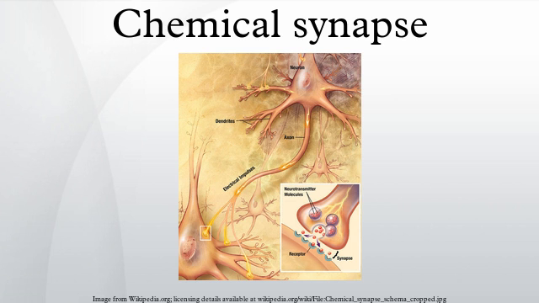ISBN 0-471-46580-1. Nicholls, J. G., Martin A. R., Wallace B. G., Fuchs P. A. From Neuron to Brain. Sunderland, Massachusetts, Sinauer Associates. ISBN 0-87893-439-1.